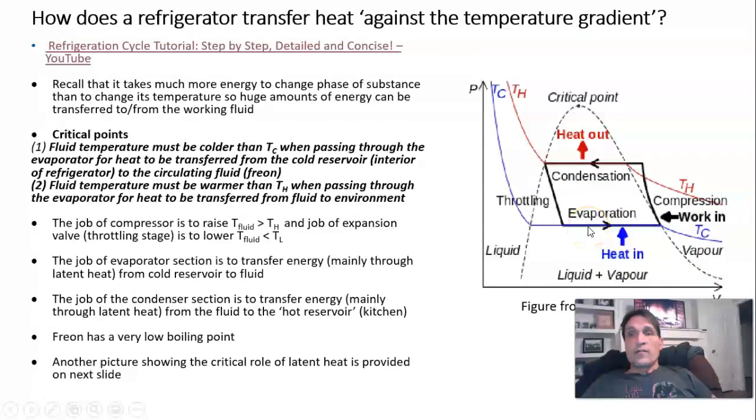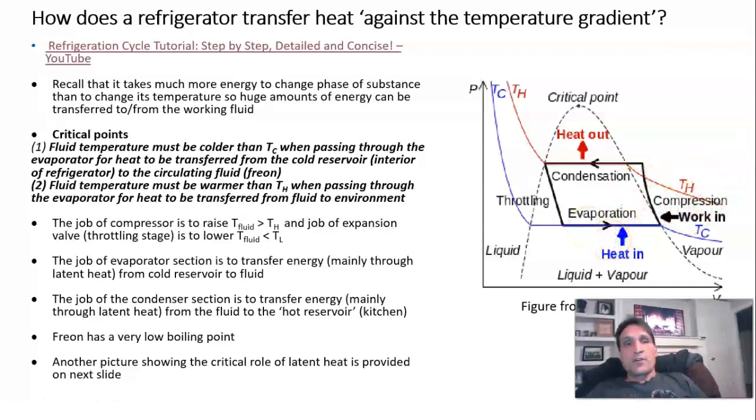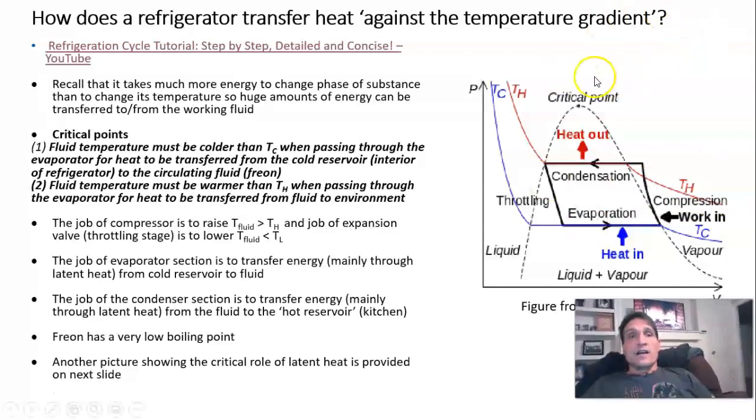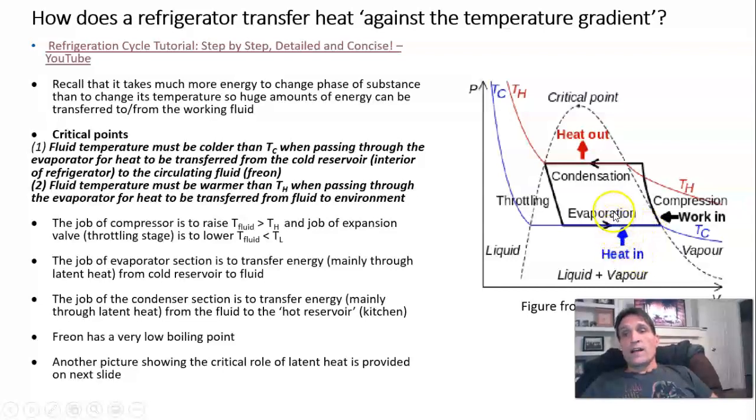Now, latent heat plays a very important role in the transfer of heat. And remember, back from chapter 19, where we discussed latent heat, that it takes much more energy to change the phase of a substance than it does to change its temperature. And so, for example, in this evaporation stage, the coolant can absorb a lot of heat from the low temperature reservoir and carry it away as latent heat of evaporation.